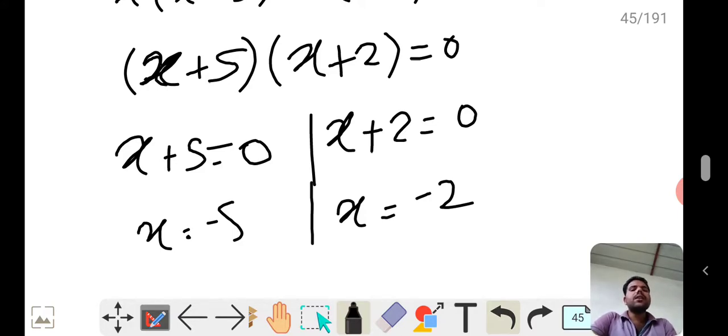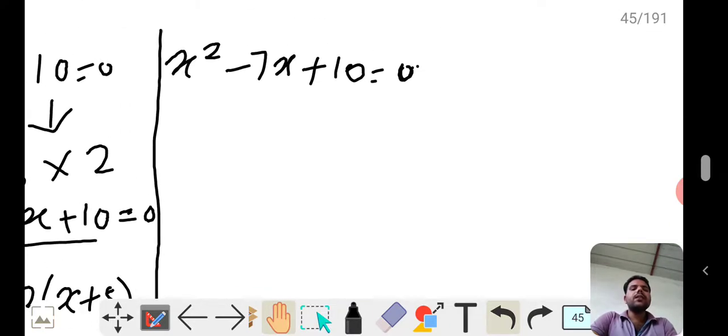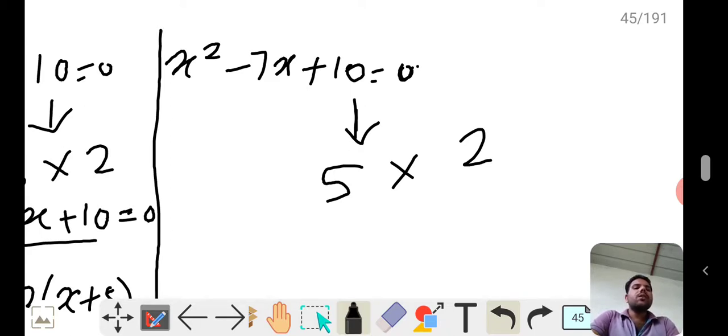Let's see the next case. In the second case, we require two numbers whose multiplication is 10 and whose sum is minus 7. If we take 5 into 2, we get the multiplication 10, but the sum of these two numbers is 5 plus 2, which is 7, and we want minus 7.